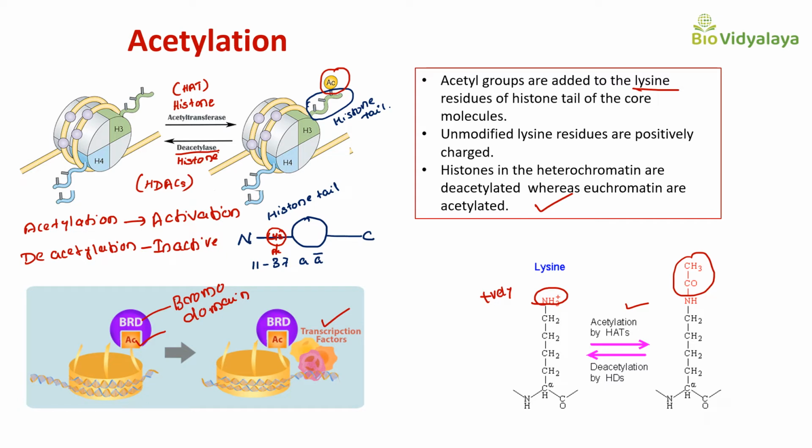Okay. Example for acetylation: H3K9. H3K9 means acetylation of K9. K9 means 9th position lysine on histone H3, and 27th position lysine of histone H3.